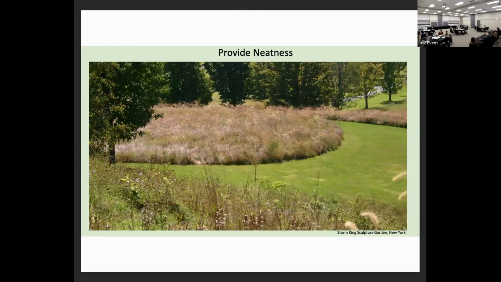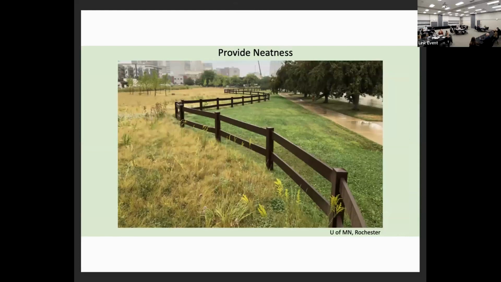This is another one. Neatness is really important. And so one of the big obstacles to native landscapes is neatness. We're Midwesterners. We like neat and tidy landscapes. And so creating clean edges, next image too. This is a project we did in Rochester at the university.